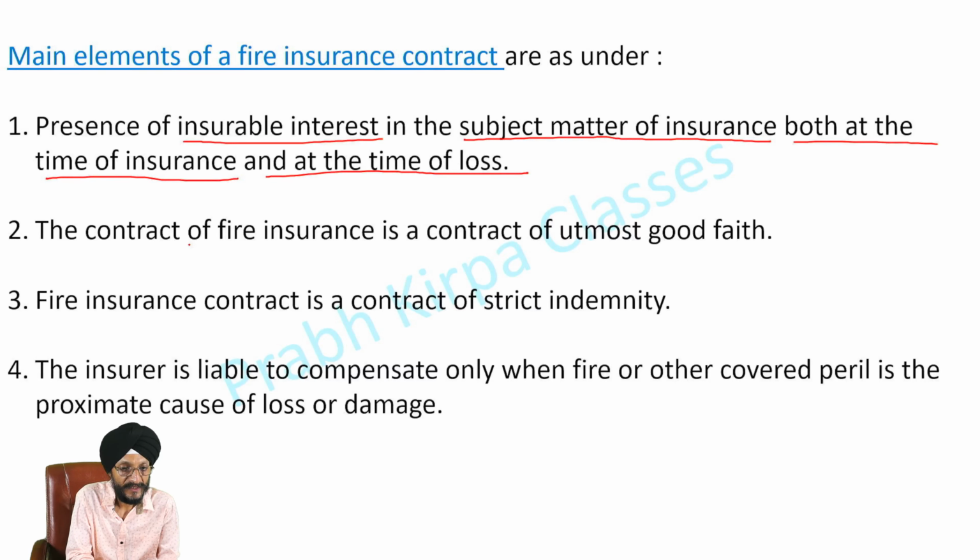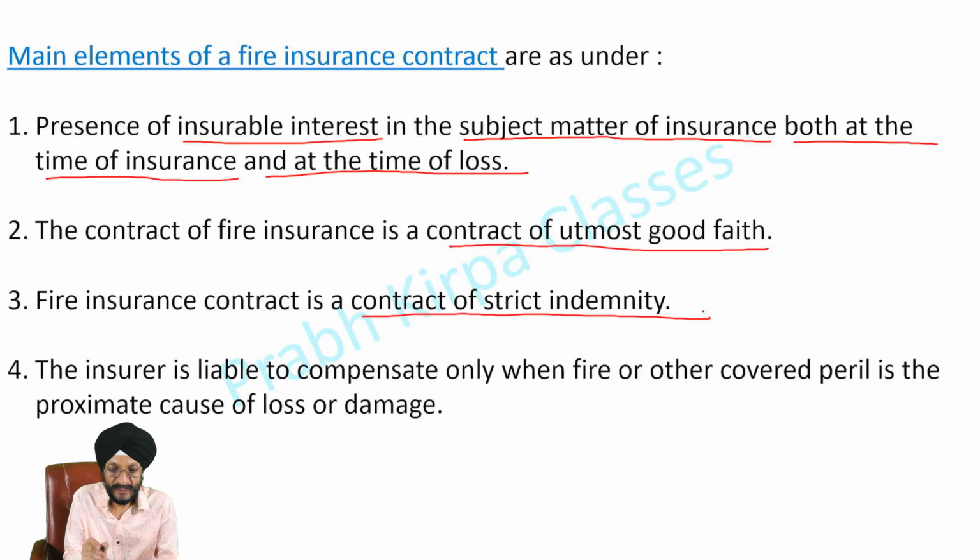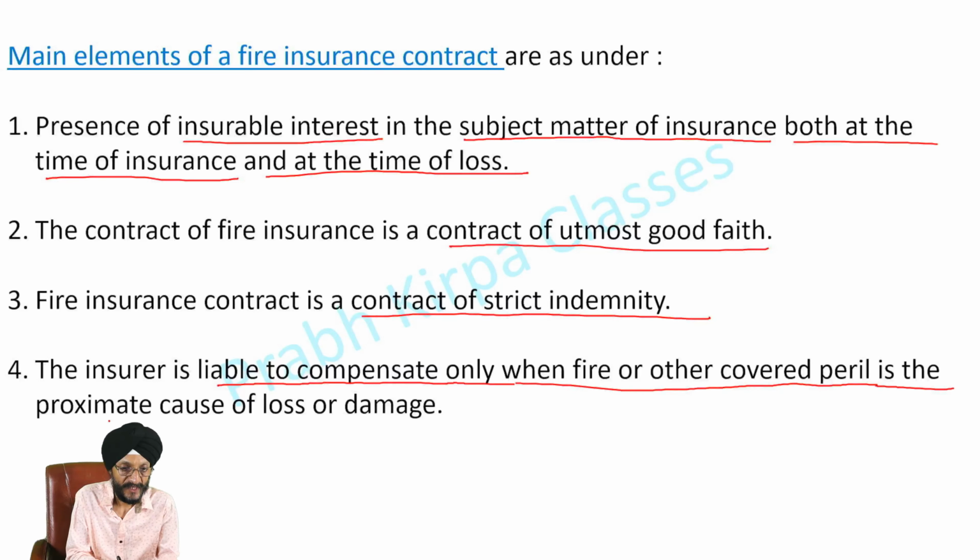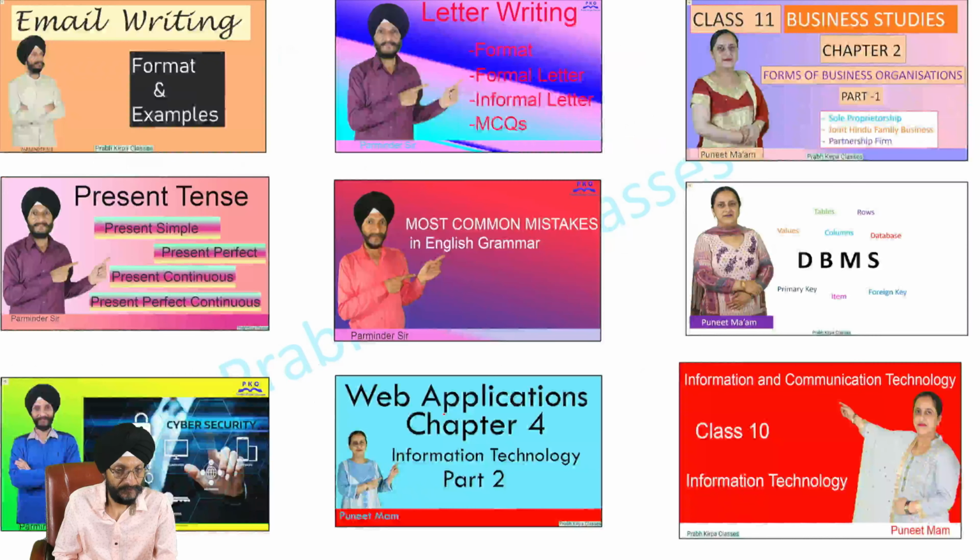Third, fire insurance contract is a contract of strict indemnity. Fourth, the insurer is liable to compensate only when fire or other covered peril is the proximate cause of loss or damage.